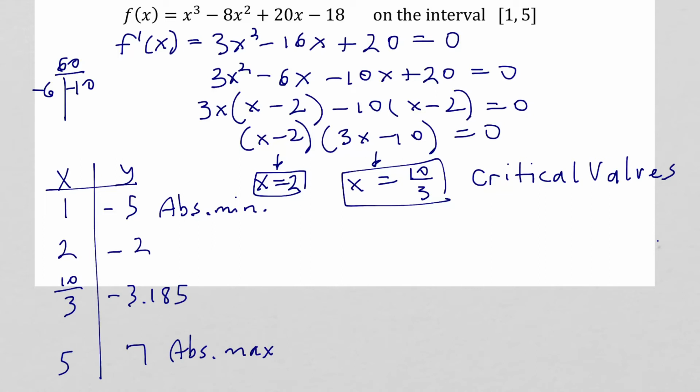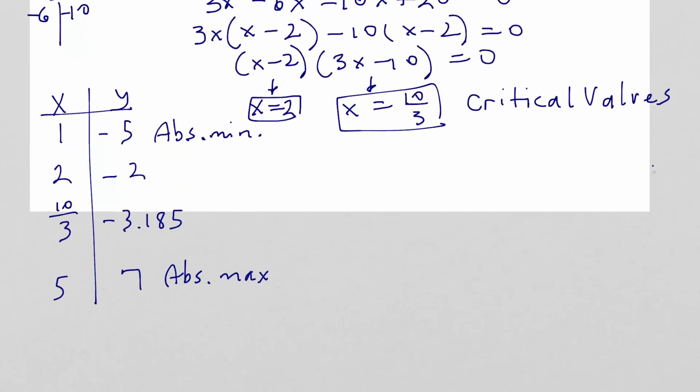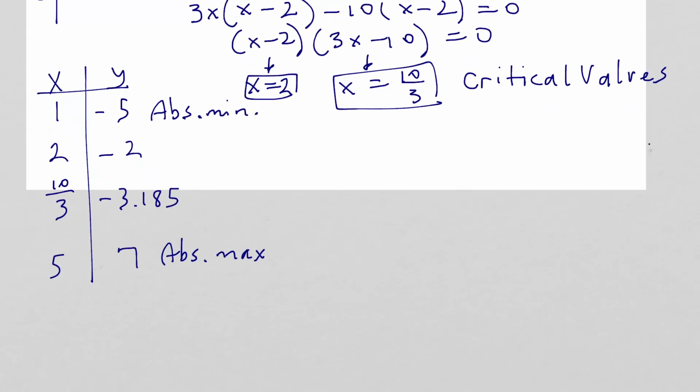And then I'm going to classify those two interior values. Those two had derivative values equal to 0, so they will have horizontal tangent lines. If I take a look at this x-cubed polynomial, its end behavior is down, up.